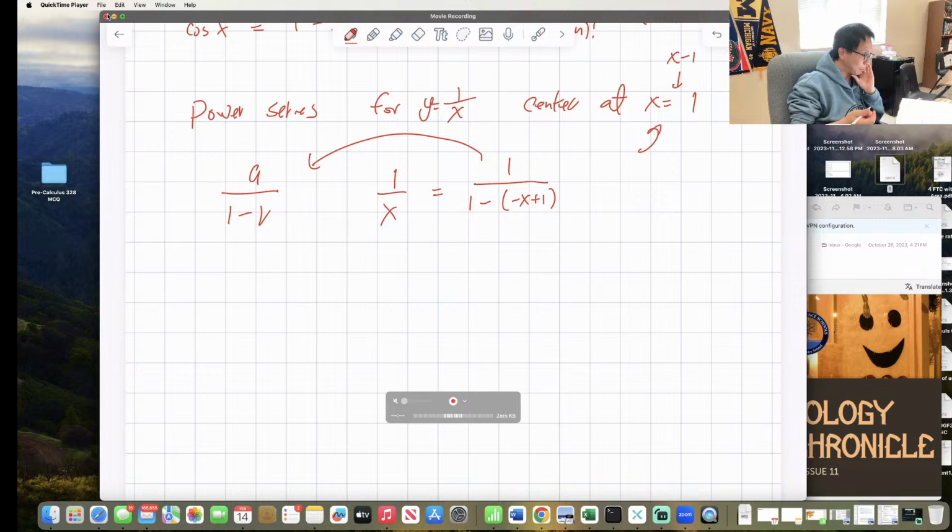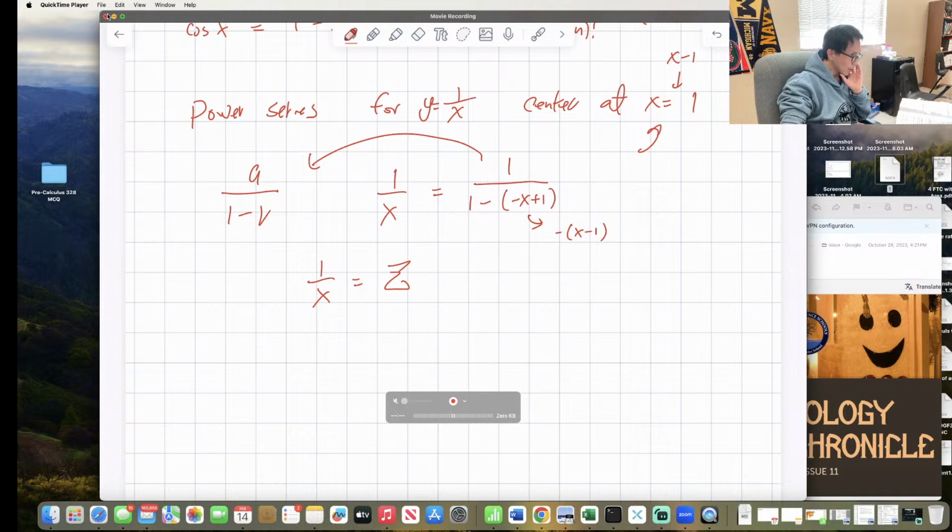Now, when I do that, that 1 over x can change to the geometric series, because this one I can rewrite by factoring out the negative sign of x minus 1. So this will be the sum from n equal to 0 to infinity of negative of x minus 1 to the n power.